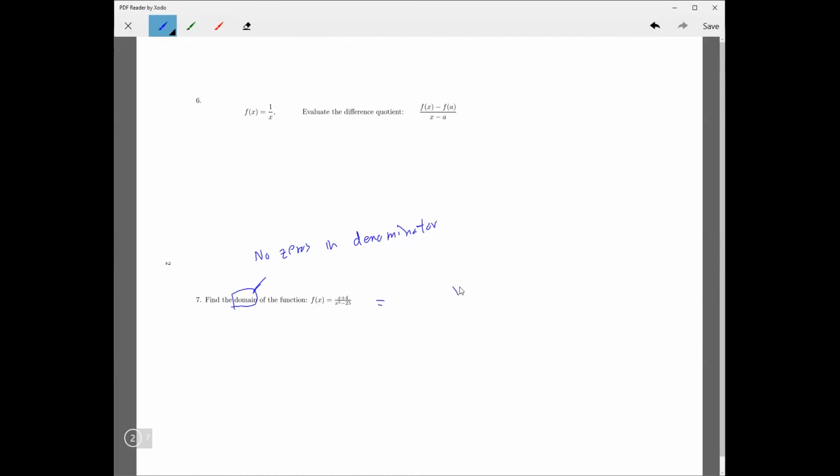So like right here, if you factor the denominator, you get x minus 5 and x plus 5. And so you can't have it being negative 5, and you can't have it being 5. Because if it's 5, then that won't be 0. If it's a negative 5, that's going to be 0. And so that would make it not work.